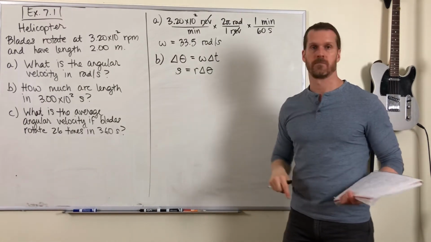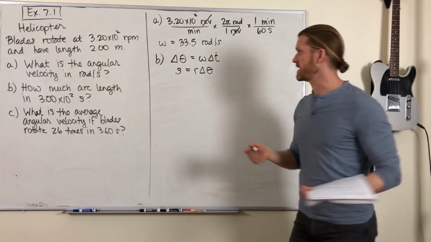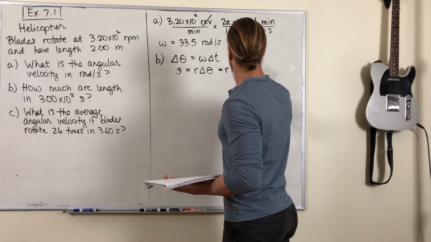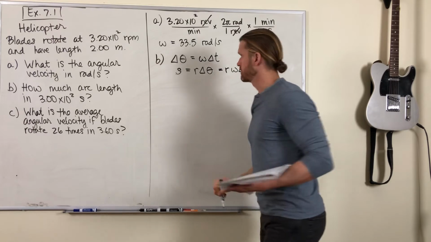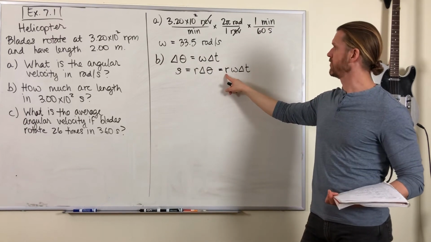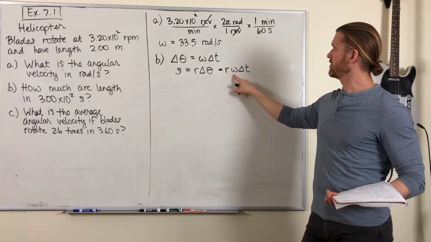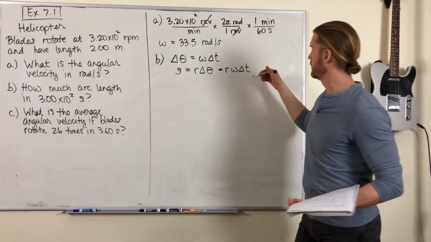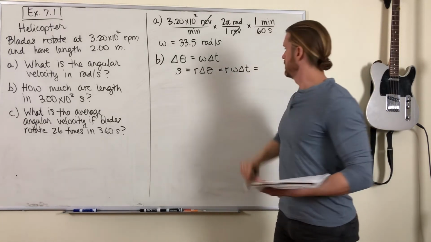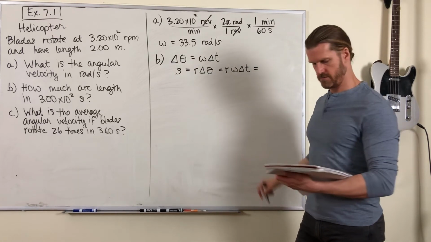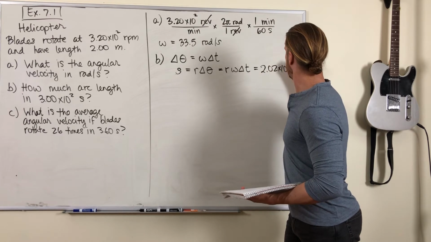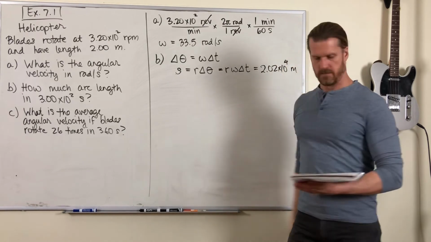That's just kind of the definition of radians right there. So plug in 2 meters, 33.5 radians per second, and 300 seconds. And those blades trace out 2.02 times 10 to the 4 meters.